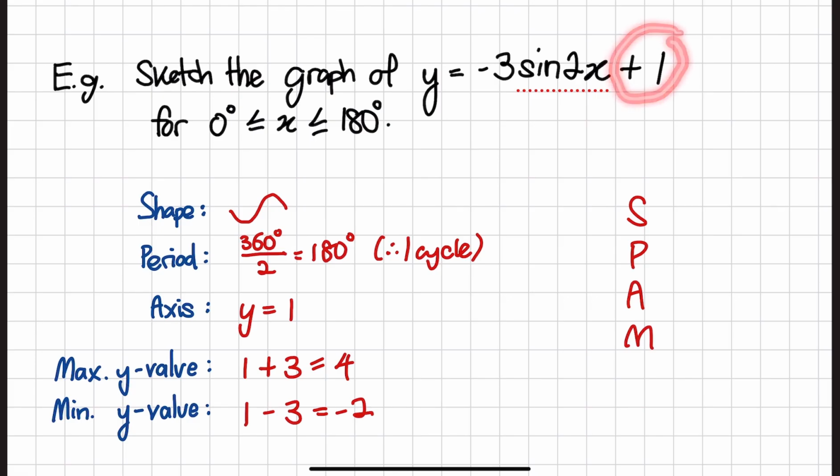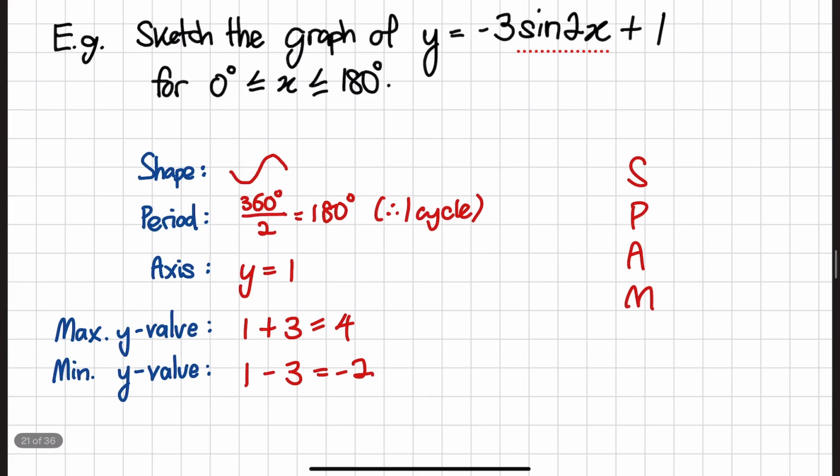So the axis is y equals 1. And last part, maximum and minimum y value is based on your amplitude. In this case, my amplitude here is 3. So therefore, from my axis here, I just need to add 3 to the axis to get my maximum value, minus 3 from the axis value to get my minimum value.